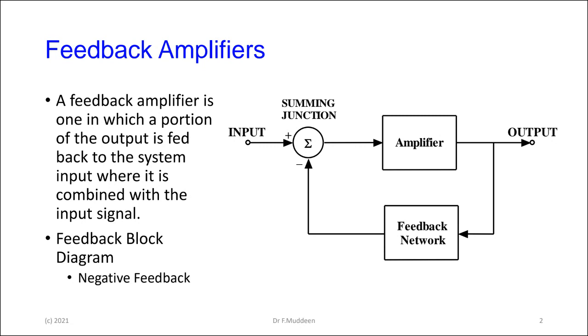If the amplifier is not operating in the feedback mode, this is what we call the open loop operation of the amplifier. So you send a signal into the amplifier and you get the output, in the open loop mode.